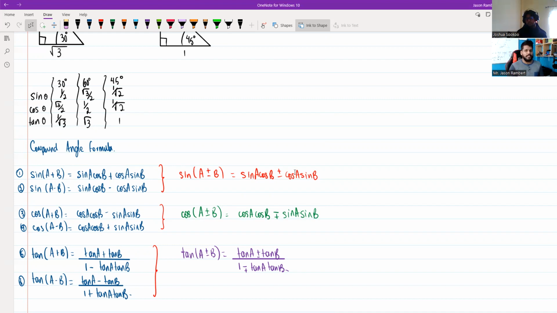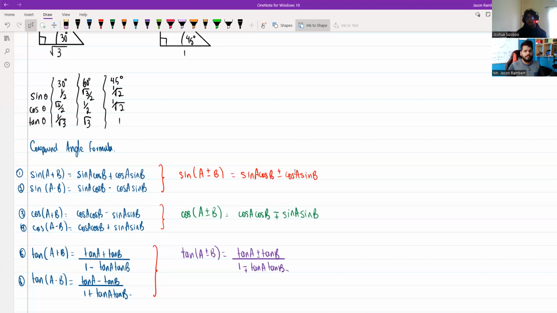I don't know what cos of 20 is rationally. So I will be forced to use 30, 60, and 45 degrees in my compound angle formulas because I know what sine of 30 degrees is, sine of 60, and sine of 45, cosine 30, 60, 45, tan 60, 30, 45. Yeah? Okay, so which one goes first?